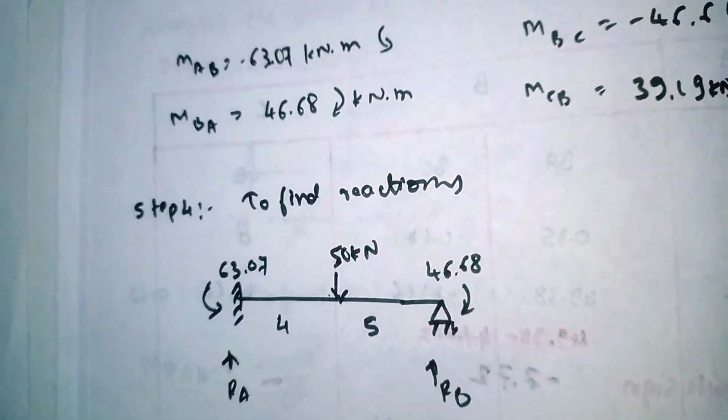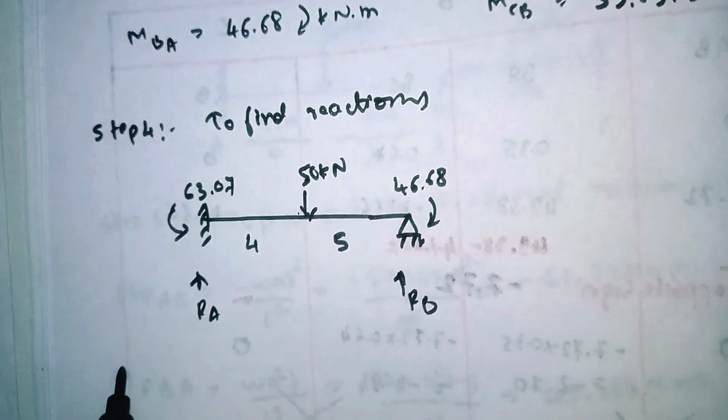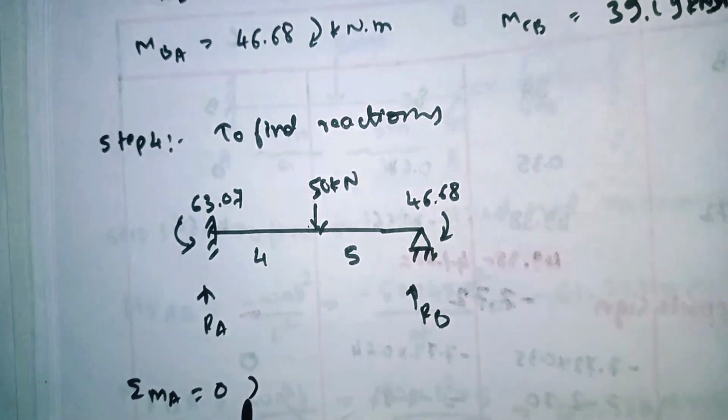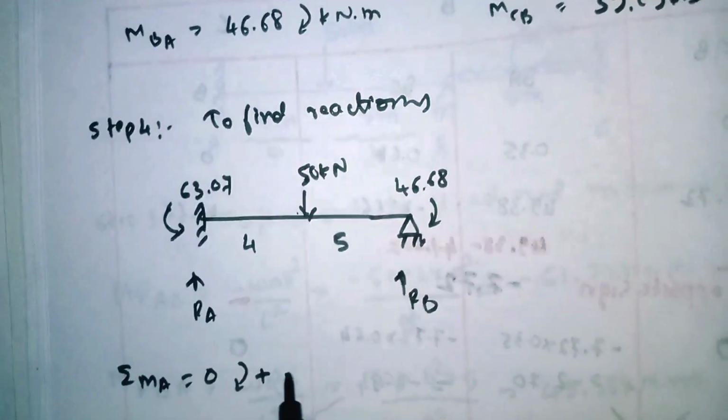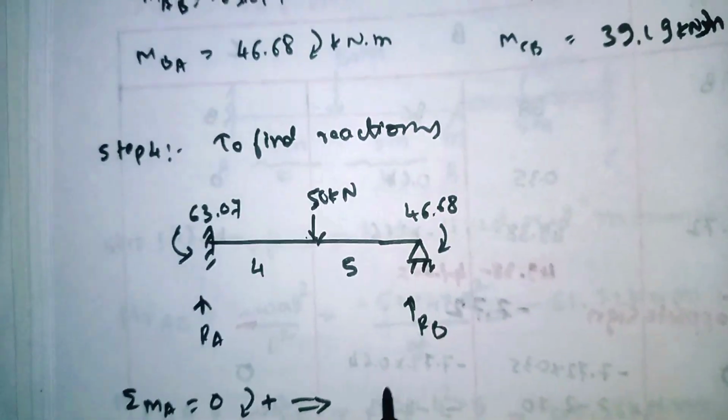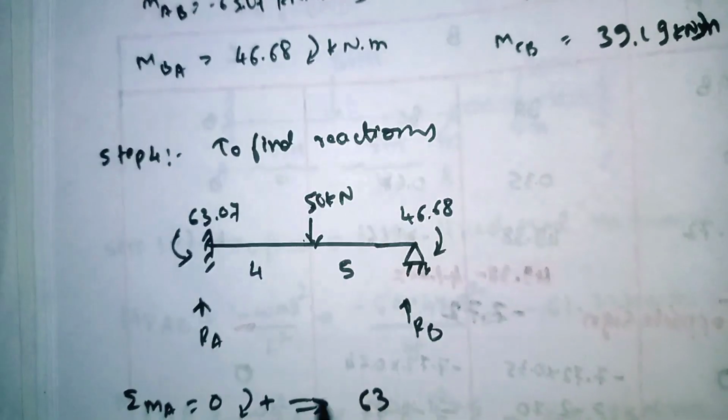For calculating the RB, we have to take the summation of moment about A is equal to 0. Clockwise is taken as positive. So this is moving anti-clockwise, so minus moment, the moment AB is anti-clockwise.